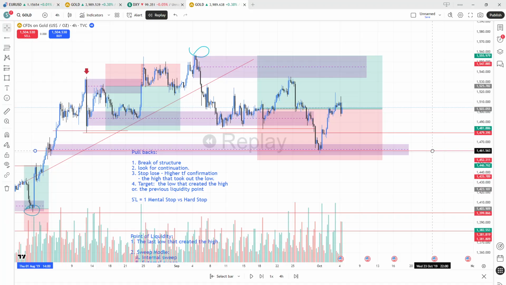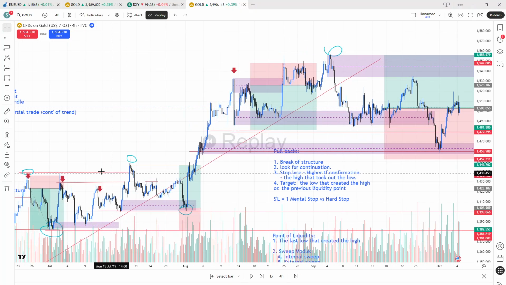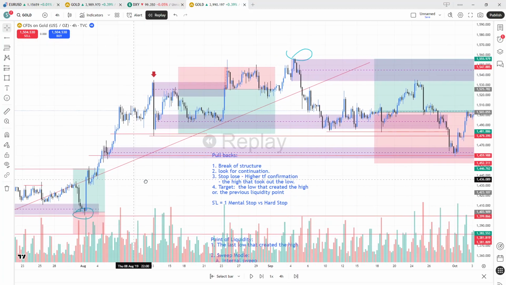But if we move up here or down here, let's analyze this part right here, okay? So this was all high, right? So this high created this low. This high created this low before this. So this candle right here is of value, okay?